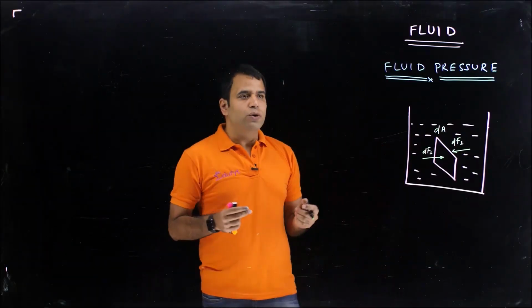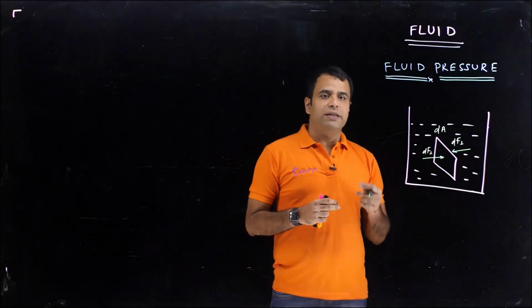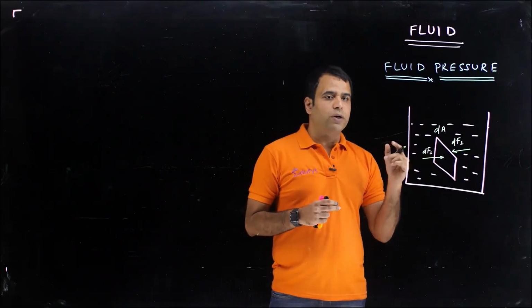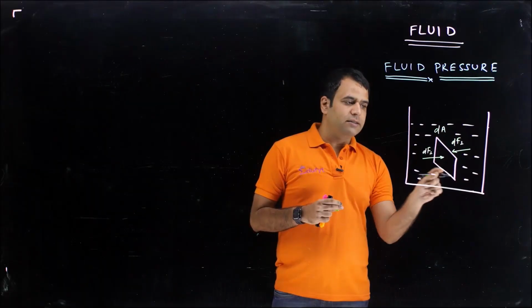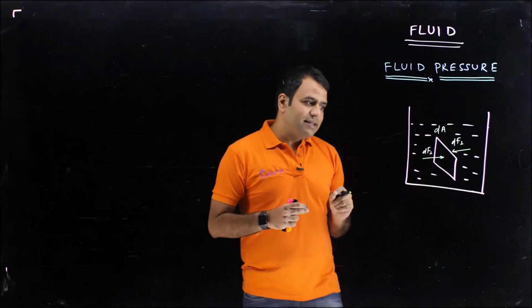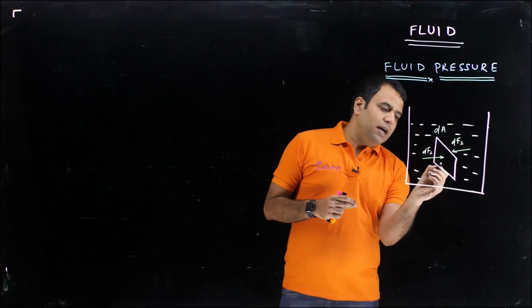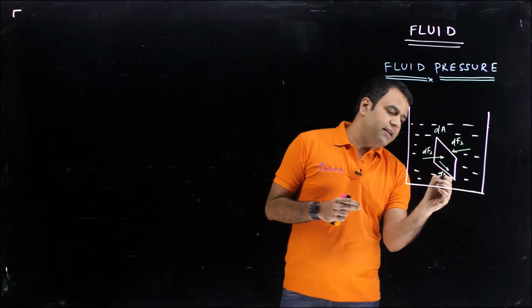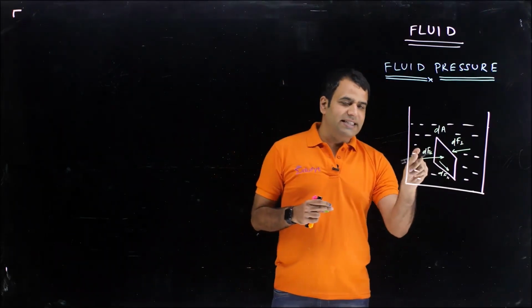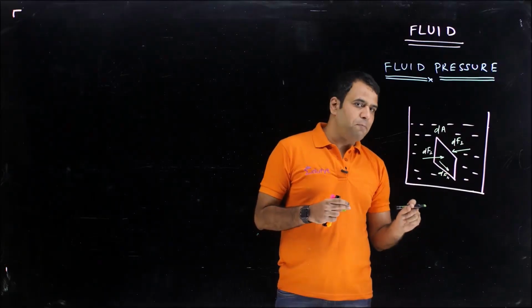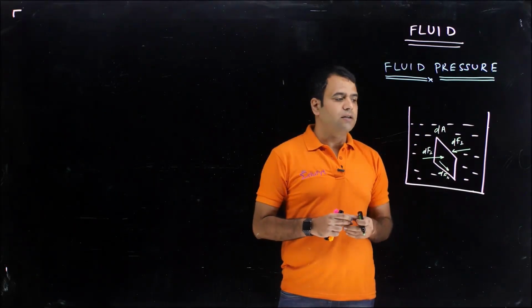And as we already know, when the force is random, we define that random force with the help of two mutually perpendicular components. So these interactive forces which are acting at this cross-section area, we define by taking two components. One, dF perpendicular, and the second force, obviously, dF parallel. The net resultant of this dF perpendicular and this dF parallel will be the interactive force at this hypothetical cross-section area.